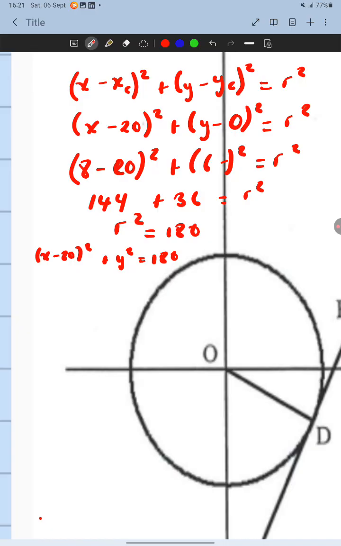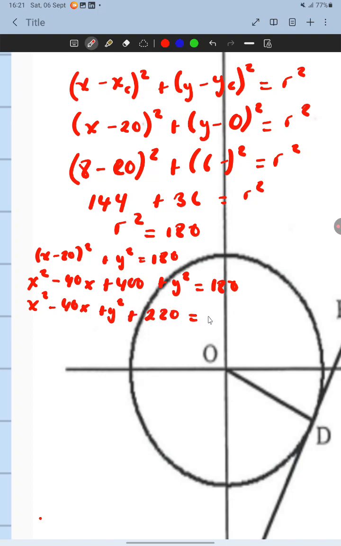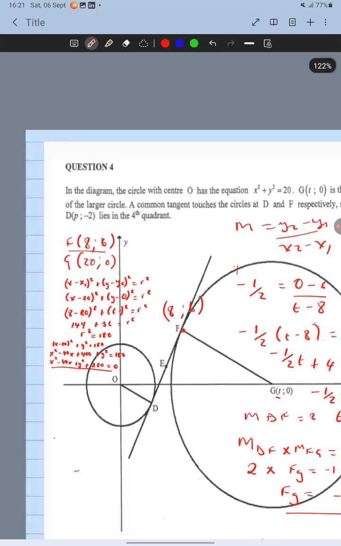What is the square of this one? x squared minus 40x plus 400, plus y squared is equal to 180. So x squared minus 40x plus y squared, and when this one comes to this side it will be negative, so 400 minus 180 is 220. So x squared minus 40x plus y squared plus 220 equals 0 will be our equation. Simple.